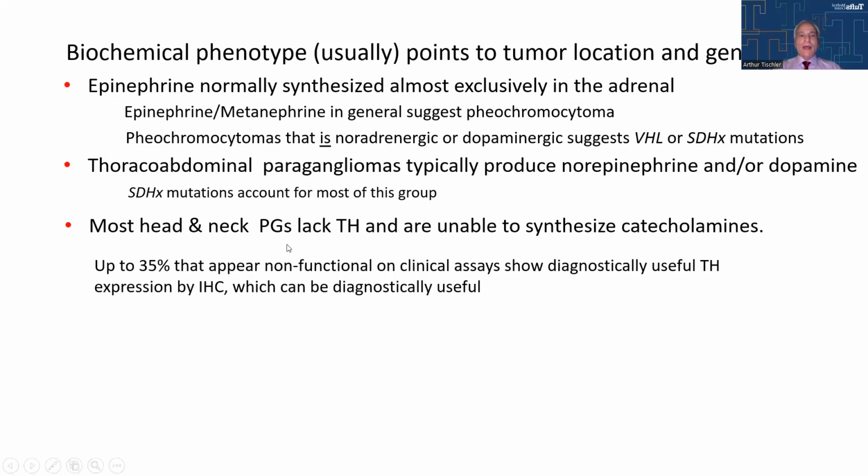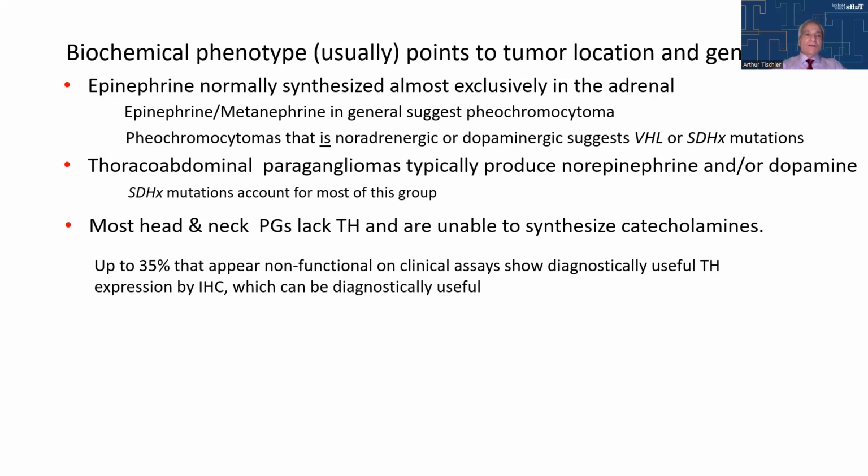Most head and neck paragangliomas lack tyrosine hydroxylase and are therefore actually unable to synthesize any catecholamines. And they may, in fact, also lack other markers that are classically associated with paragangliomas, including chromogranin A. And to diagnose some of these tumors correctly, we may have to resort to newer markers, including transcription factors, INSM1 and GATA3.